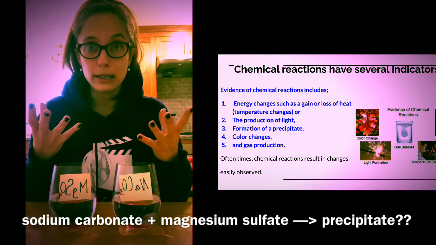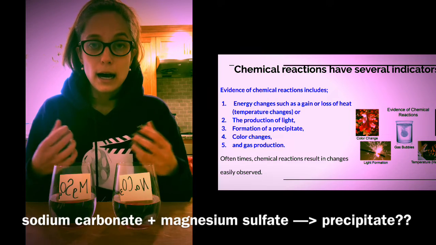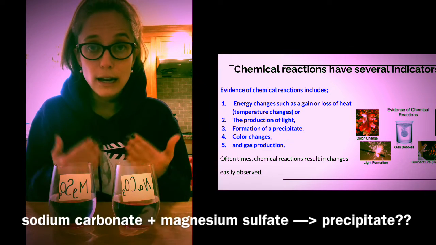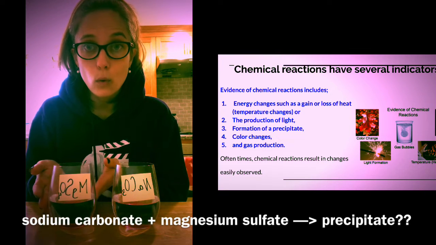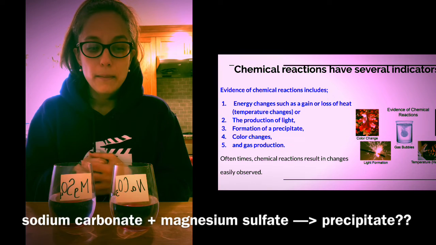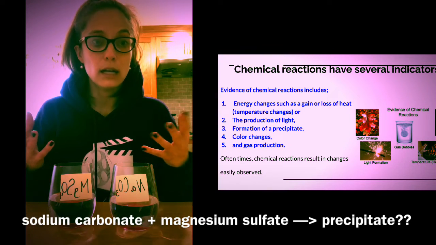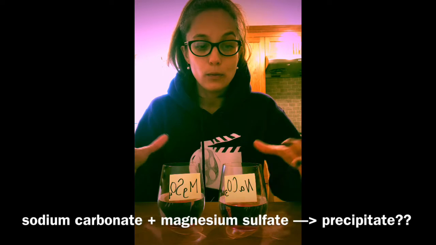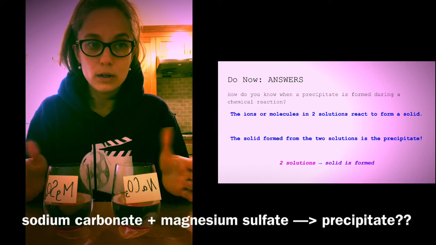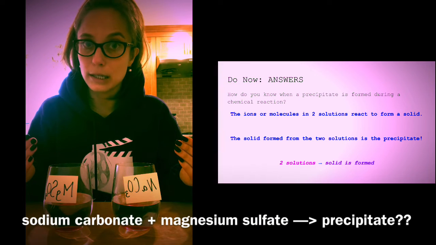We could see some bubbling coming from these substances. There could be a change in temperature, right? Some changes in energy could occur where one could get really warm or one could get really cold, like with our ice cream example. Or it could form a precipitate. Precipitates are formed when two solutions react to form a solid.